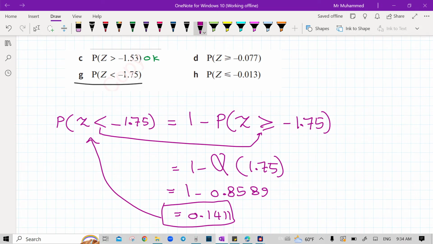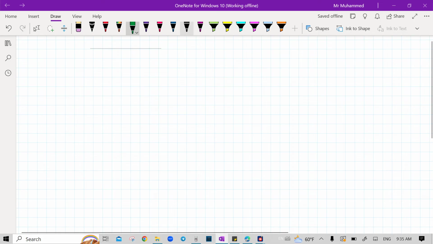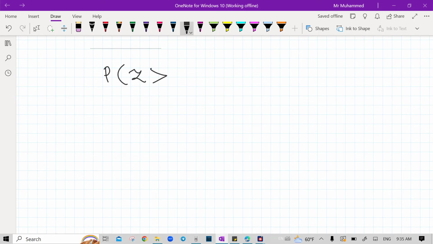And finally, h. H has the same idea as g, so I'm not going to do it. Instead, I'm going to do probability of Z greater than 1.23. Okay, greater than positive is not okay as well.